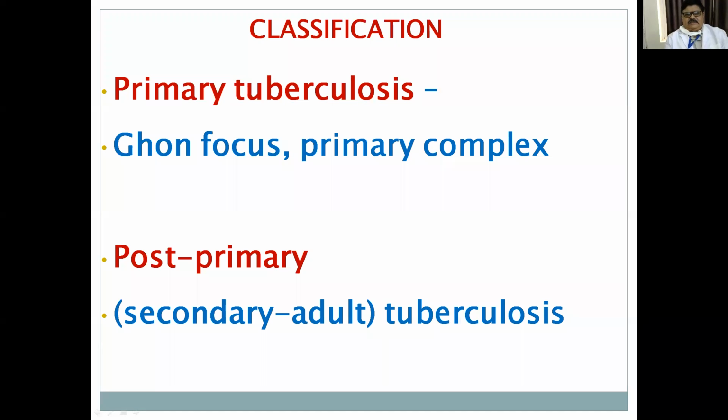This is primary complex, secondary adult tuberculosis. All this is the domain of medicine, specialty, but still basics. Primary tuberculosis, one focus, primary complex. Post-primary, that is secondary, adult tuberculosis.